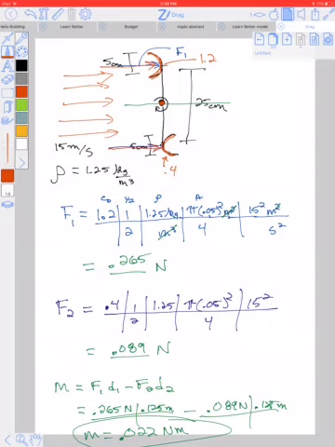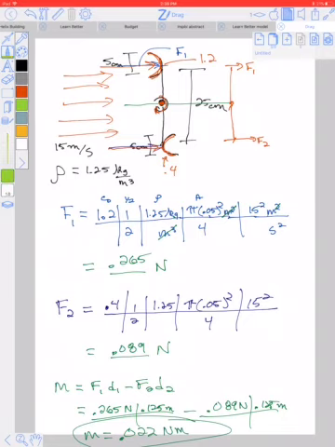So the question that we're going to answer is, what is the moment causing rotation? Well, the moment will be the force times the distance minus the force times the distance. Let's call this force F1, this force F2.